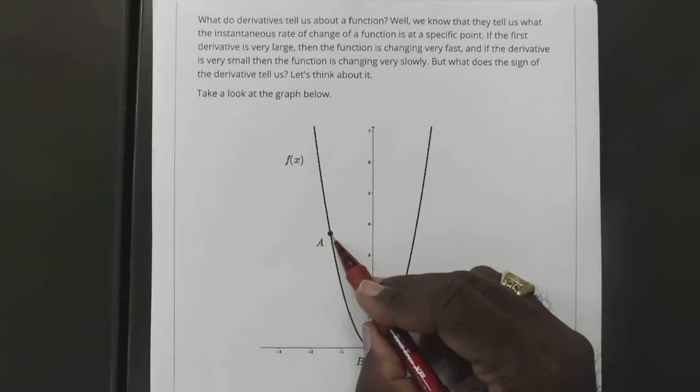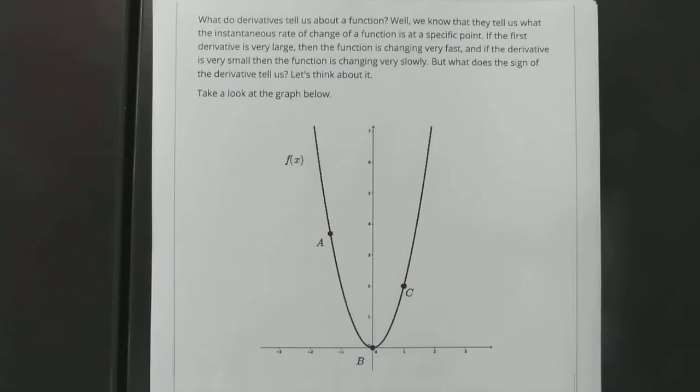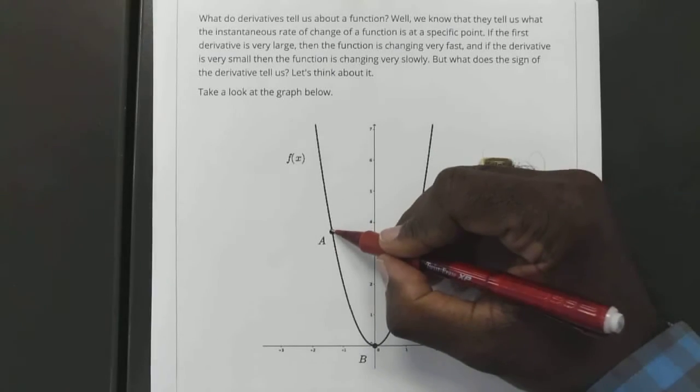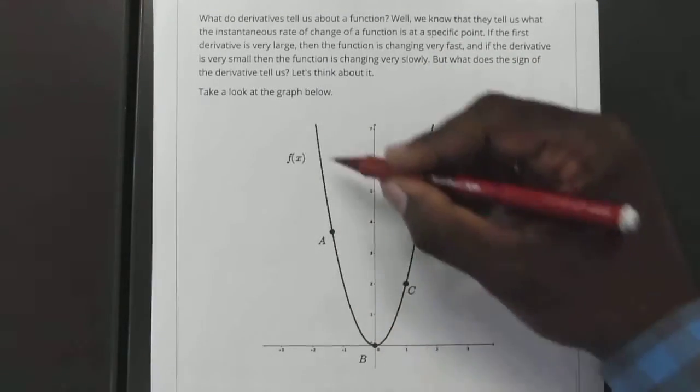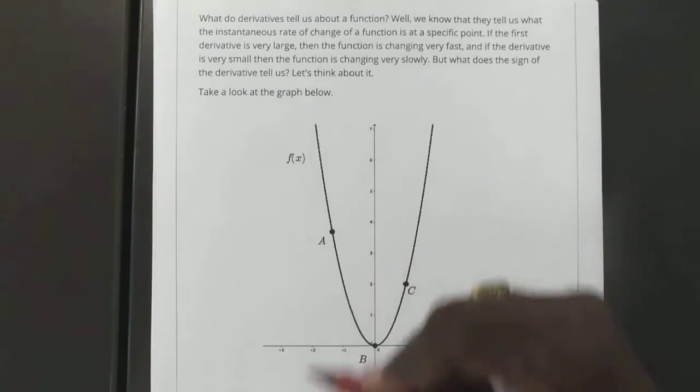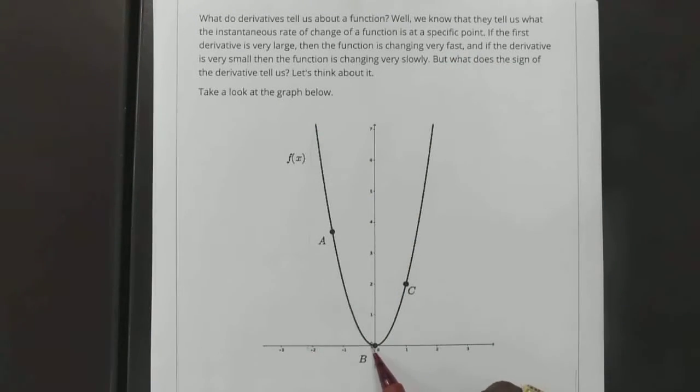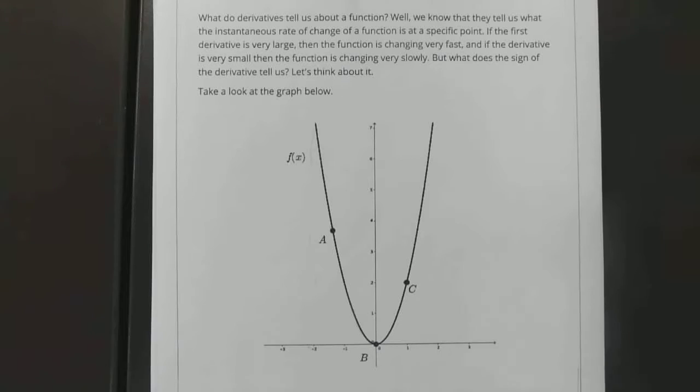So we know at A, without even knowing what this graph is or the value of A, we know one thing, that f prime of A is going to be negative. Because the slope of everything from this point, let's say x equals -2 all the way to 0, is going down. So you know your slope is going to be negative.